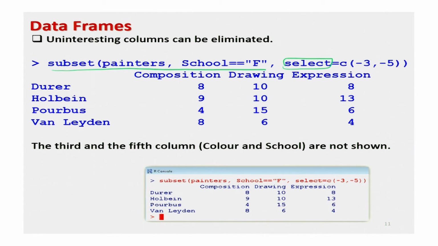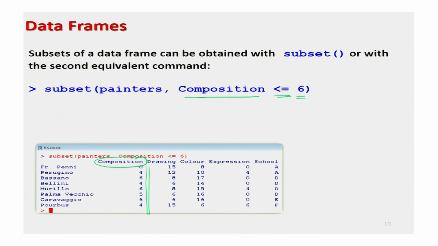So, for example, if you want to have a subset from this painters whose school is equal to F, but now earlier you had shown that this has all the values, you can see like this: composition, drawing, color, expression and school.